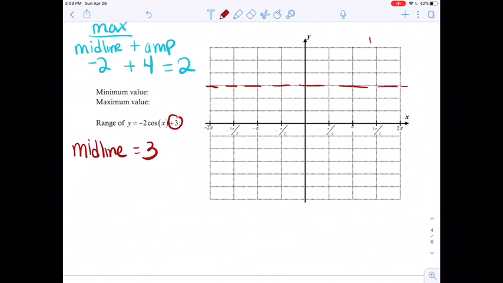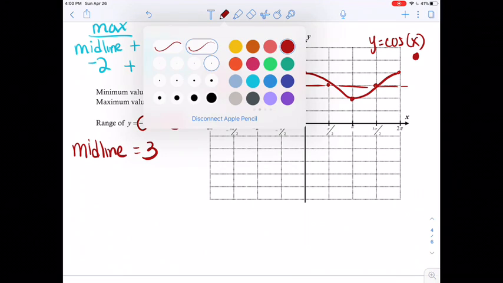And now if I were to draw my basic y equals cosine x graph, I know cosine would start up at 1, go like this. But I actually have an amplitude of -2, which means a reflection over that midline and multiply by 2.